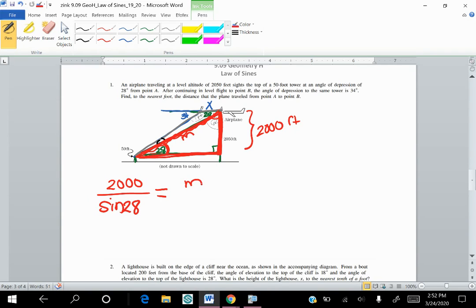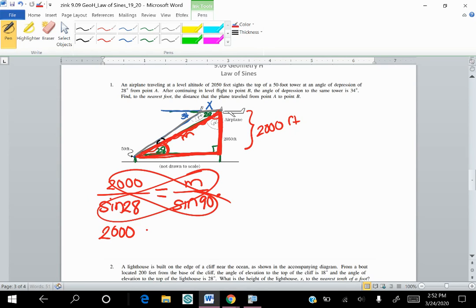So I'm going to do M over sine of the angle across from it, which is that right angle, so 90 degrees. Now we're going to cross multiply. So I have 2,000 times the sine of 90 equals M times the sine of 28.